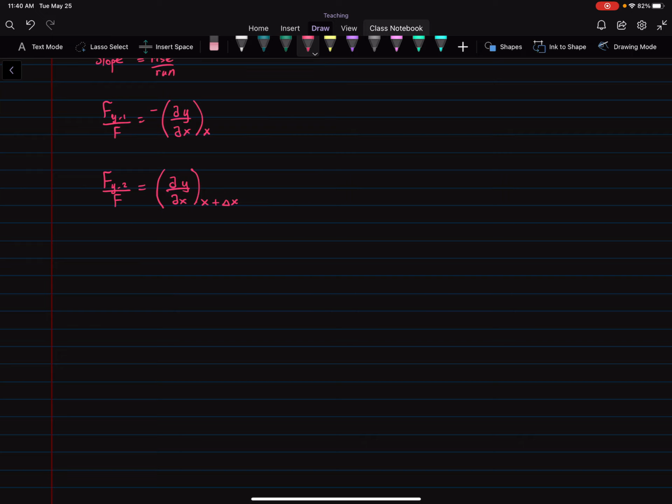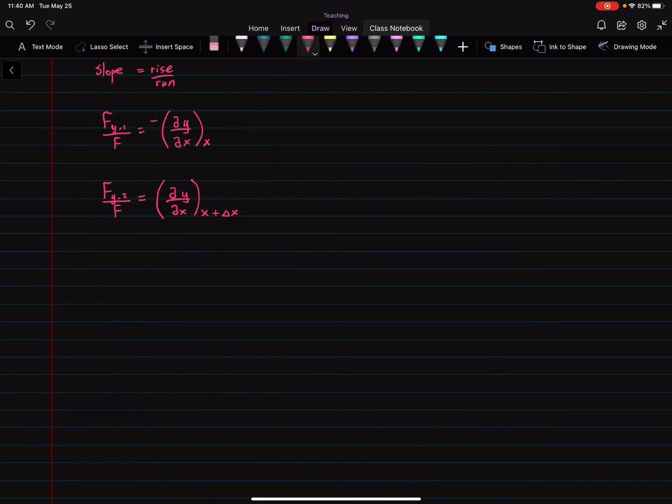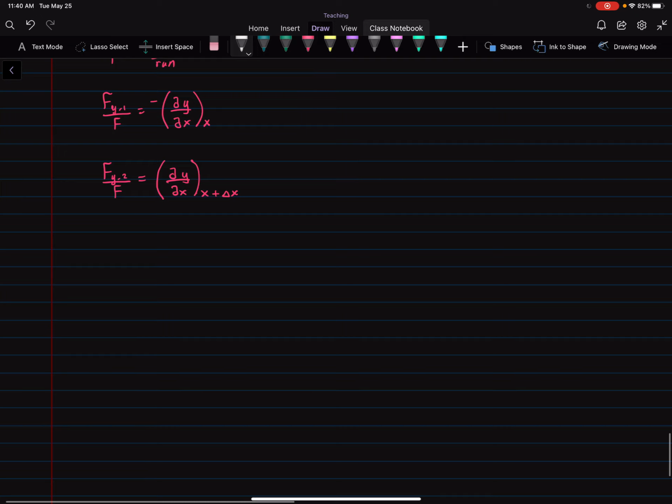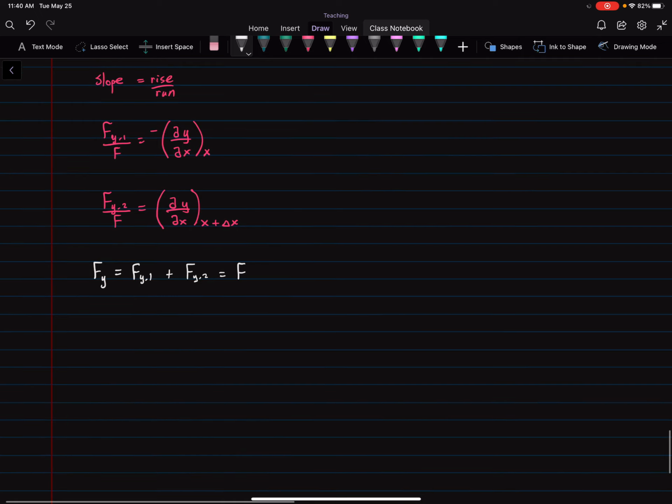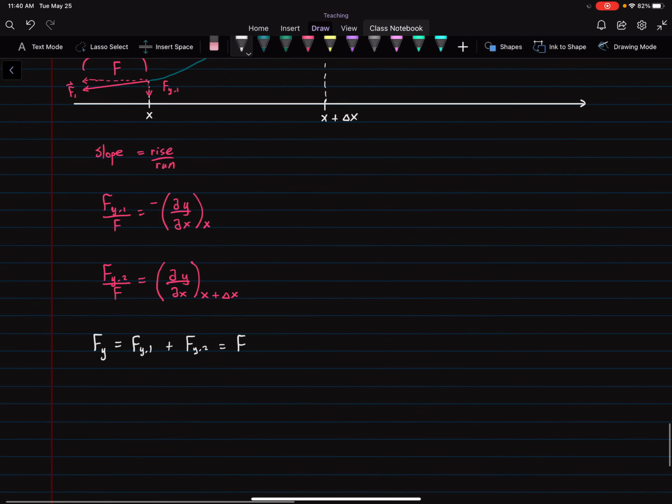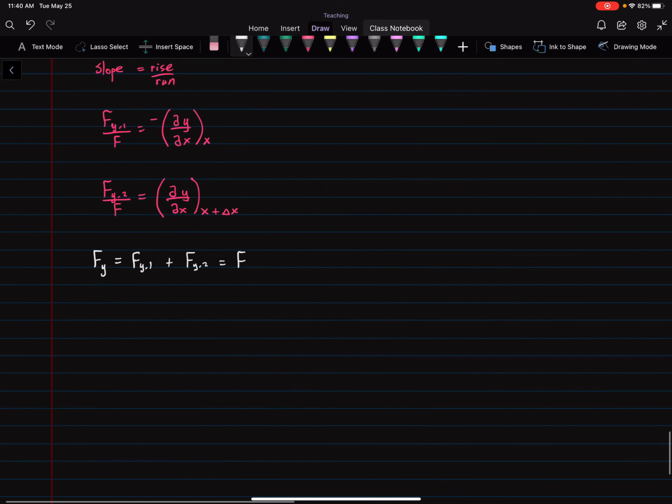All right, so now we can find the total y component of the force by adding them together to find the net y. I'm going to switch back to white here so it doesn't get too intense. Fy is equal to Fy1 plus Fy2, and that is equal to F, so this guy's going to move over, right?